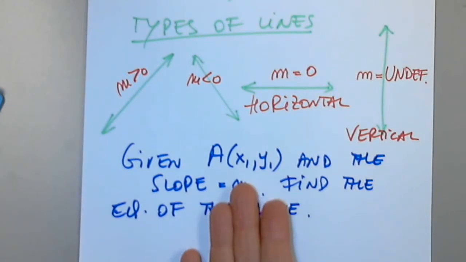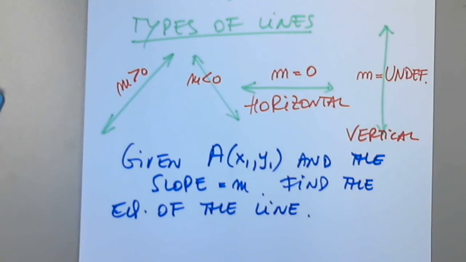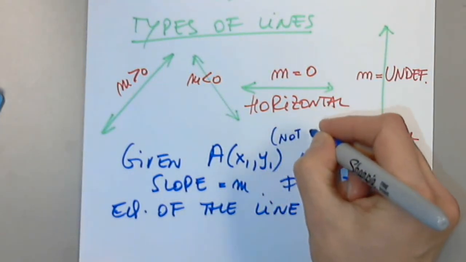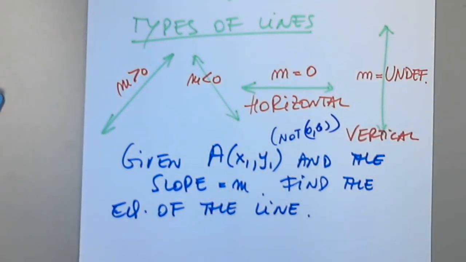If this is a point and not the y-intercept, I should put that in parentheses, not 0 comma b, that's what I meant, then I should not be using y equals mx plus b. Can I? To find the equation of the line, I can. But I don't recommend it. If you were taught in high school or somewhere else to do it, do it. I'm fine. But I don't recommend it.